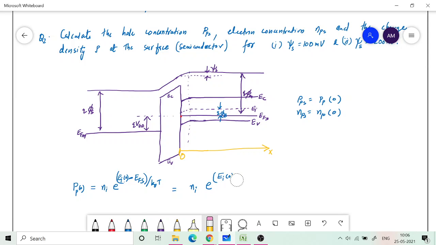Okay, so let's do that. EI, at this level I am talking about, at a large x, is called EI. EI 0 I refer to the edge. So we are adding and subtracting EI, and then EI of 0 minus EFS by KBT.